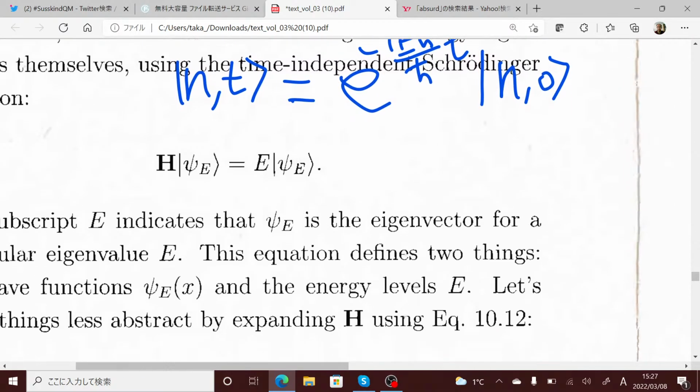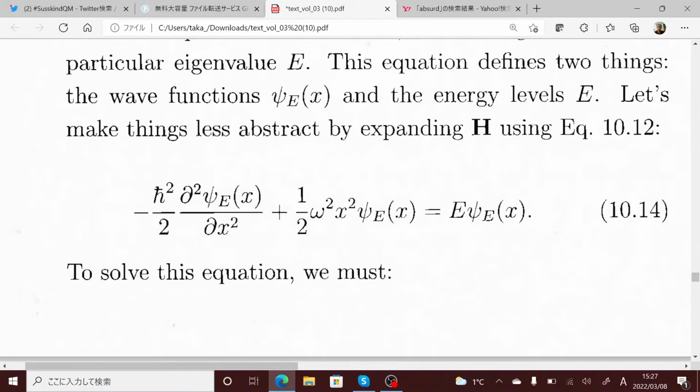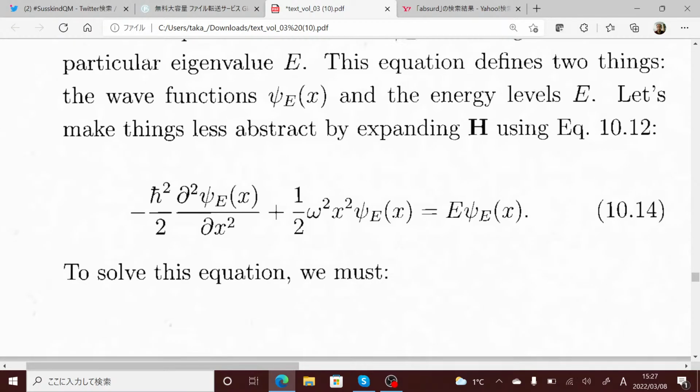Okay, so this is the equation we have to solve. Here is what we can do.